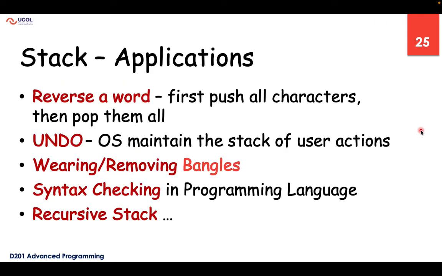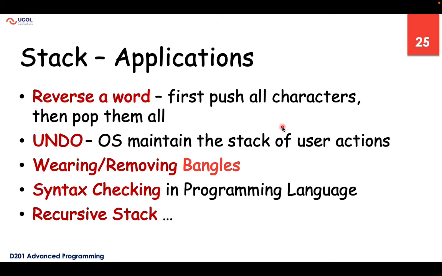So where can we use the stack? First of all, remember that we talked about the recursive stack. When we talk about recursion, the operating system automatically maintains a program stack or recursion stack. So that is also an example of the stack. The last method which goes into the recursion stack is the first one that is going to come out. To reverse a word, we first push all the characters in the stack and then pop them all.